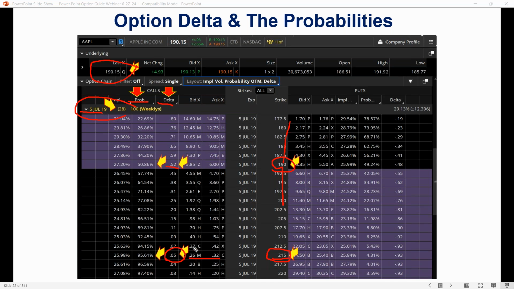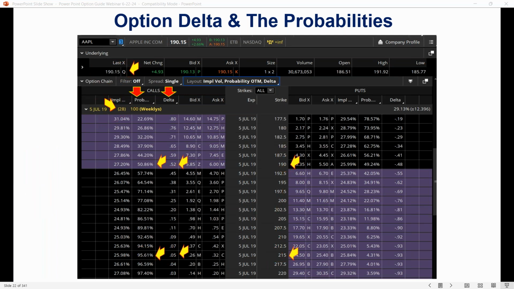These are cheap options, and the reason is you've only got a theoretical 5% chance that price could get to 215 over the next 28 days. The other side of it is that probability out of the money is 95.61, so there's a 95% probability that price will be below. Here's your 100 delta, less that delta of 5, so probability out of the money is 95. That's the way you can read and back into what that information is telling you.